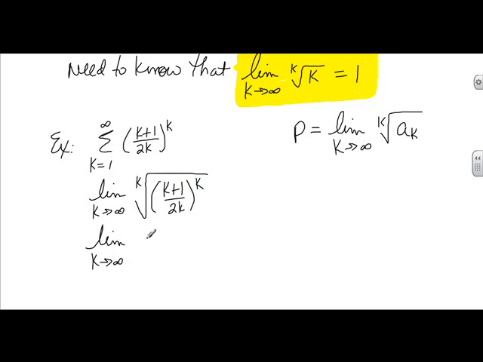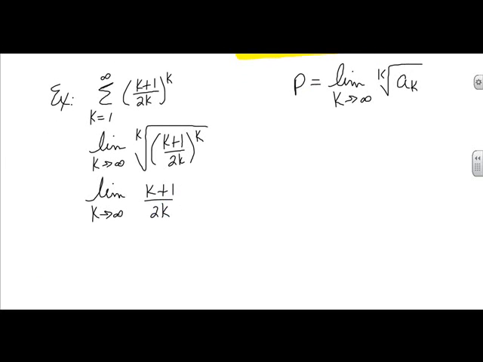Now we're just looking at the limit as k approaches infinity of k plus 1 over 2k. Using the rules for working with limits, dividing all the terms by k in this example, I'd have 1 plus 1 over k, all over 2, and that's going to work itself out and be 1/2.